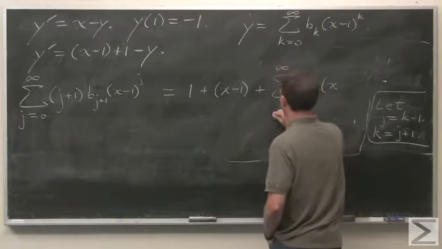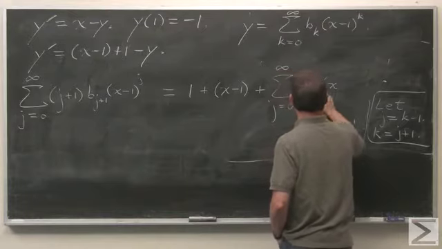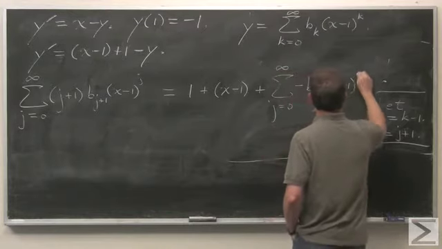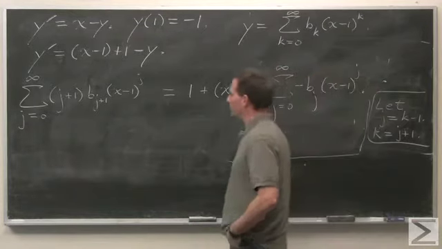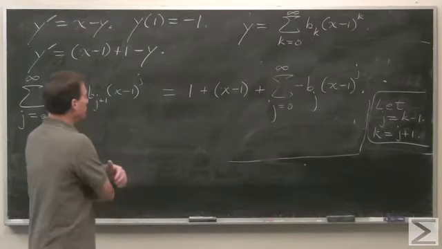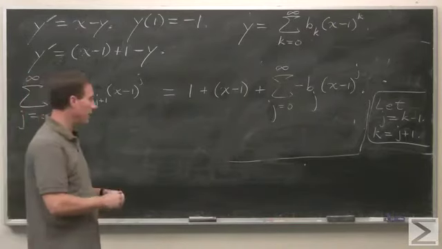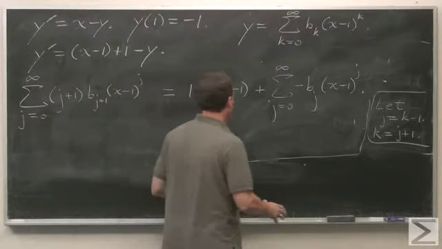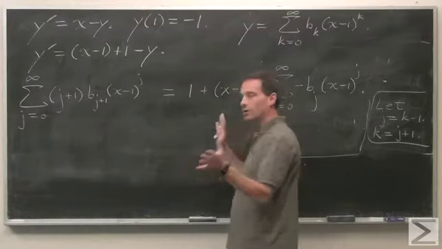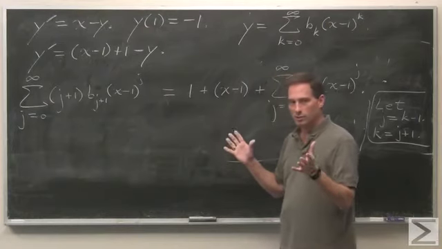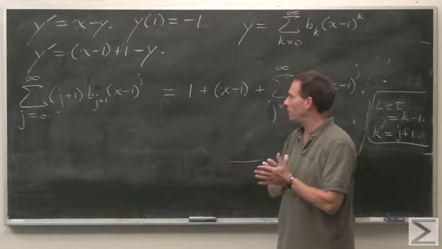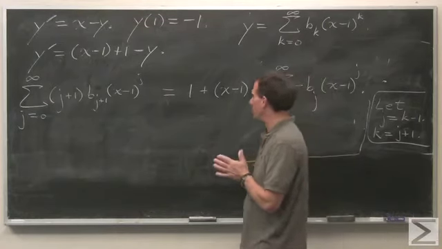But as I said, I'm going to write j's. J, x minus 1 to the j. We get this. And the coefficients in front of the various powers of x minus 1 on each side have to match, because for two functions written as power series centered at the same place, the coefficients of the various powers have to match.